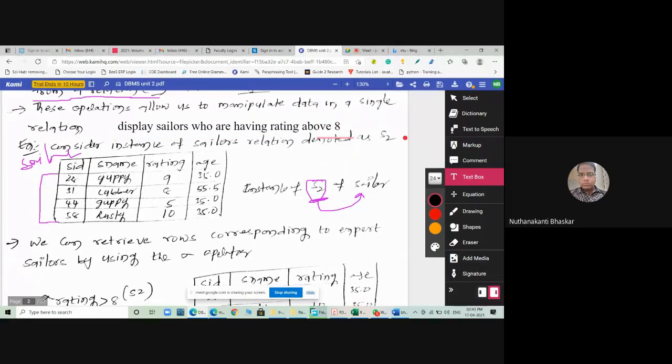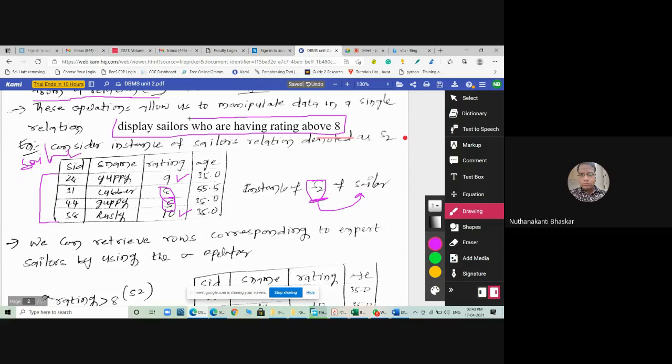Above 8 means I don't want to display this and this, because these two are less than or equal to 8. But I want only the above. Now I want to display this and this, so that my answer is right. Yes or no? If I ask in your class, display all second year A section students who are having grade above 70%.